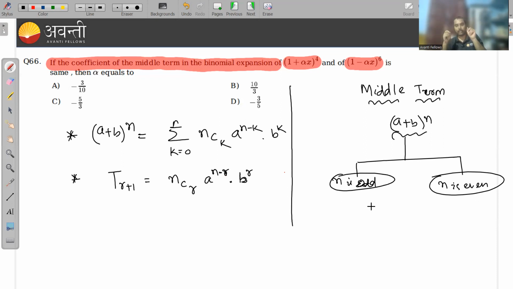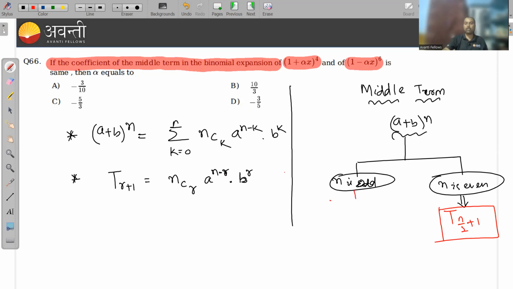Suppose we take 3 terms in the expansion, then you get 1 middle term. So when n is even, only one middle term will come. That is T of n by 2 plus 1. So this is my middle term when n is even.